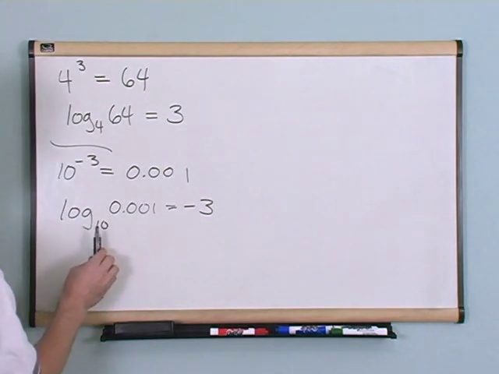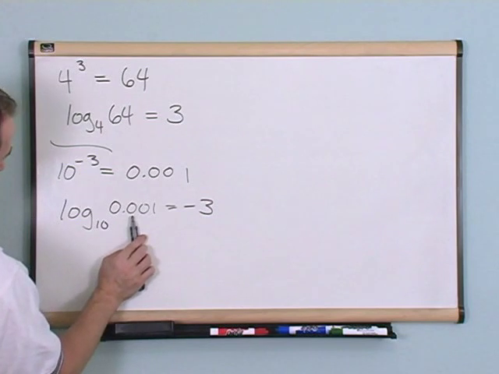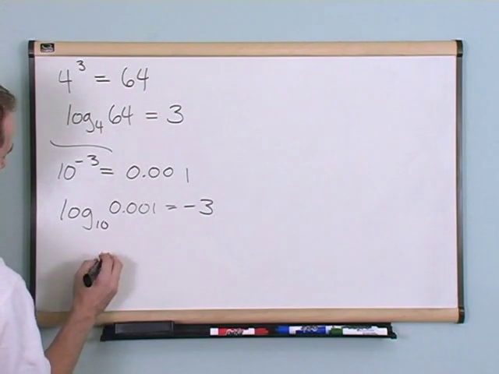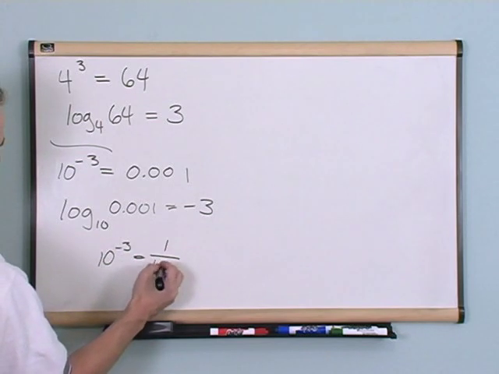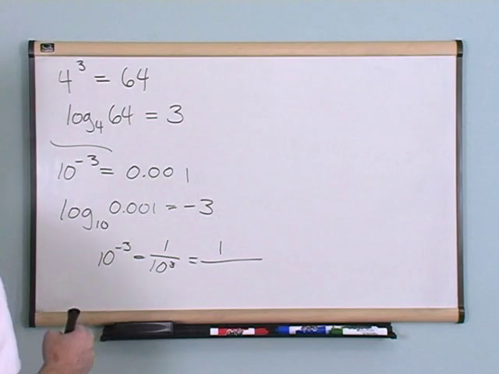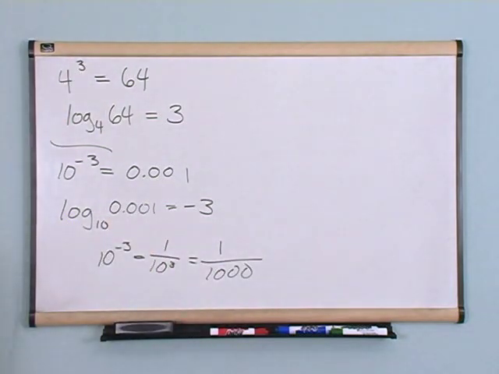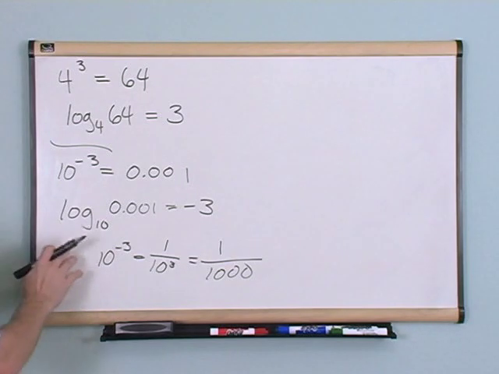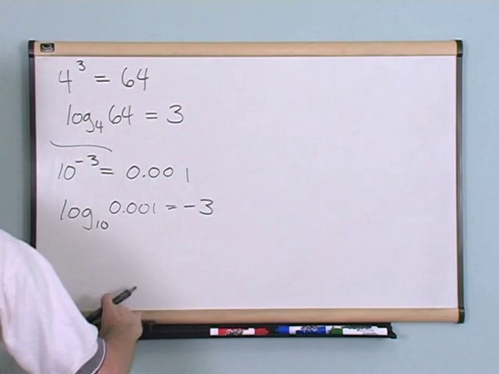Because I start at the base. 10 to the minus third power equals 0.001. And if you think about it, 10 to the minus 3 equals 1 over 10 to the 3 equals 1 over 1,000. And so that's equal to this. So what you do is you just sort of figure out what goes where to kind of match it up with the logarithm form.